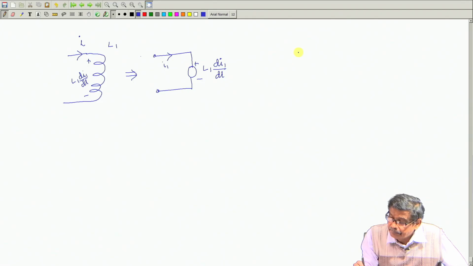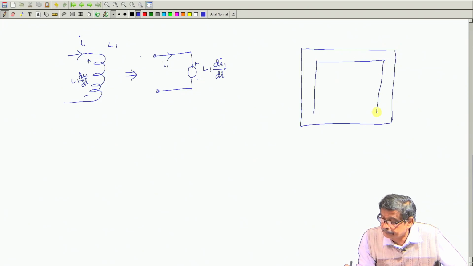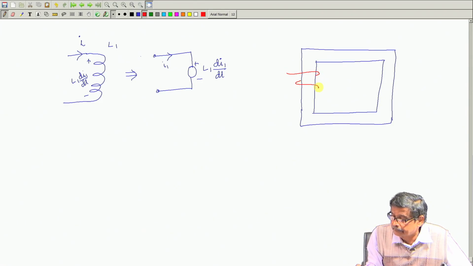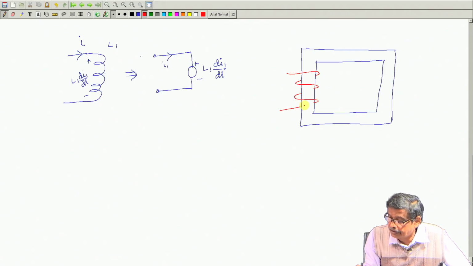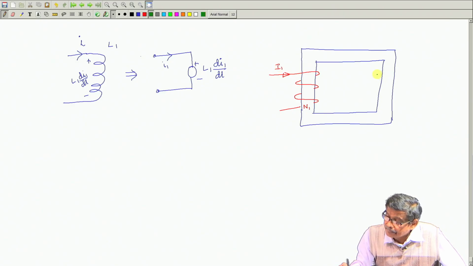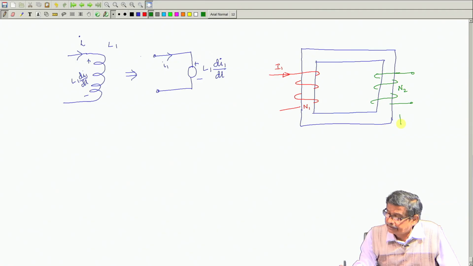Now, I will draw the same diagram. This part is very important, you now try to understand. This is your magnetic circuit. This is your coil number 1, with N1 turns, and it carries a current of I1, and suppose there is another coil like this, having N2 turns, and this is the second coil.